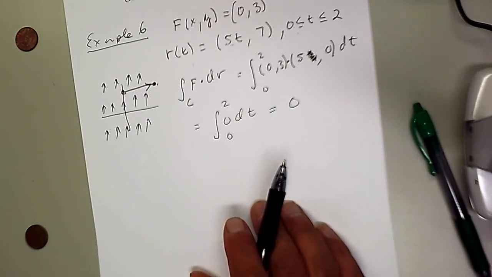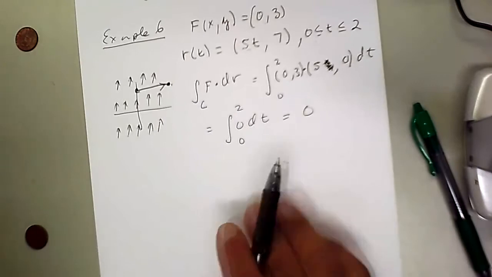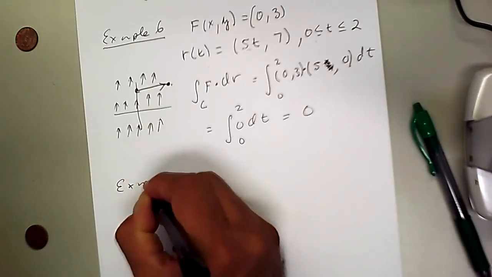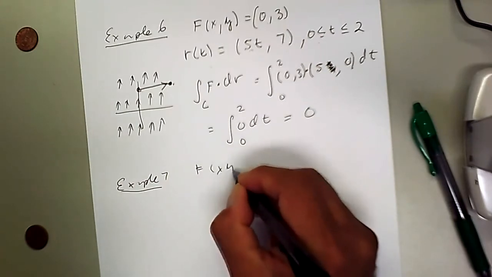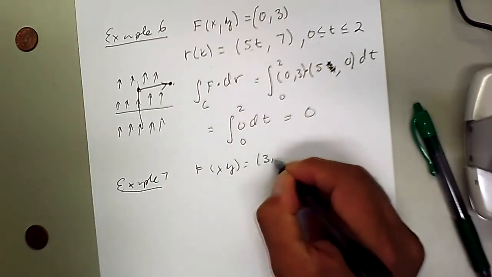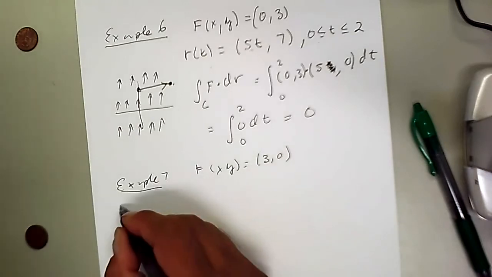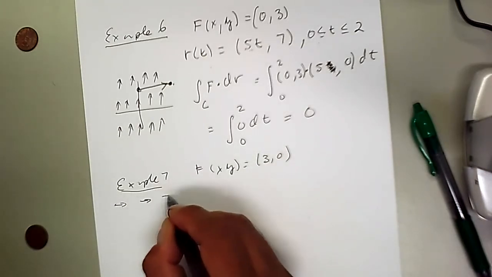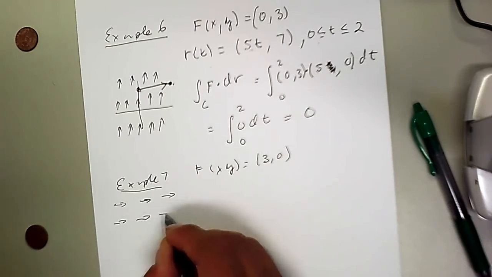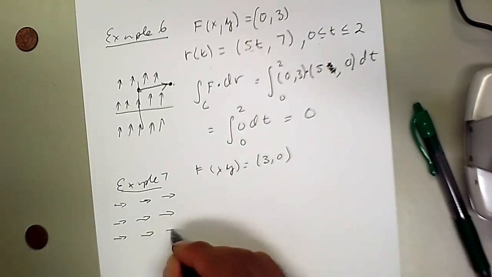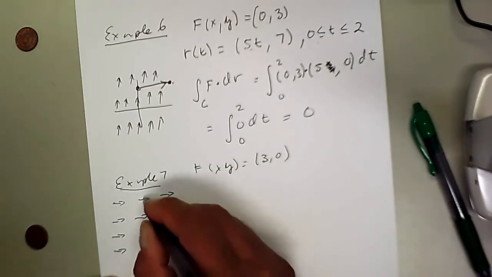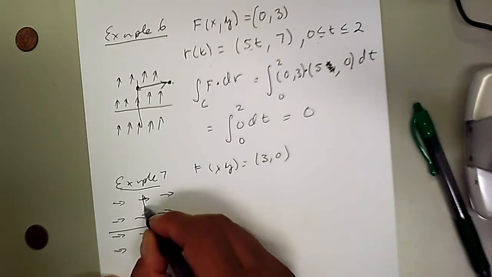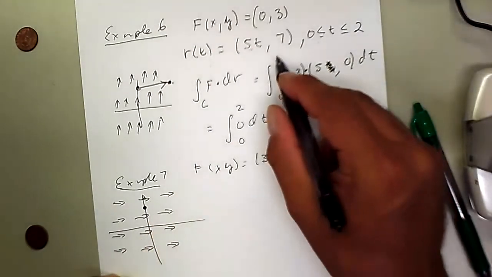Okay, let's do example 7. The force is going to be <3, 0>. So now we go horizontally. So we have a vector field going horizontally. The motion is going to happen from (0, 7) still.